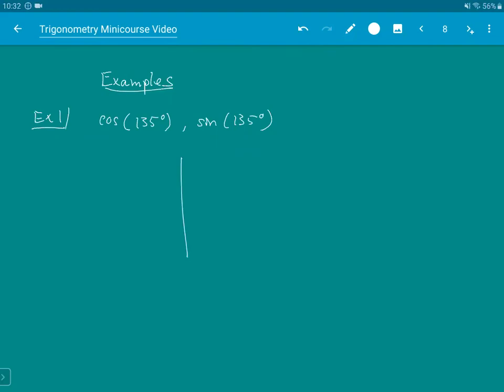So let's draw this picture first. And let's just say step 1 is always to draw a picture when you're just getting started with this. So step 1, draw a picture. Okay, so what do cosine and sine represent?